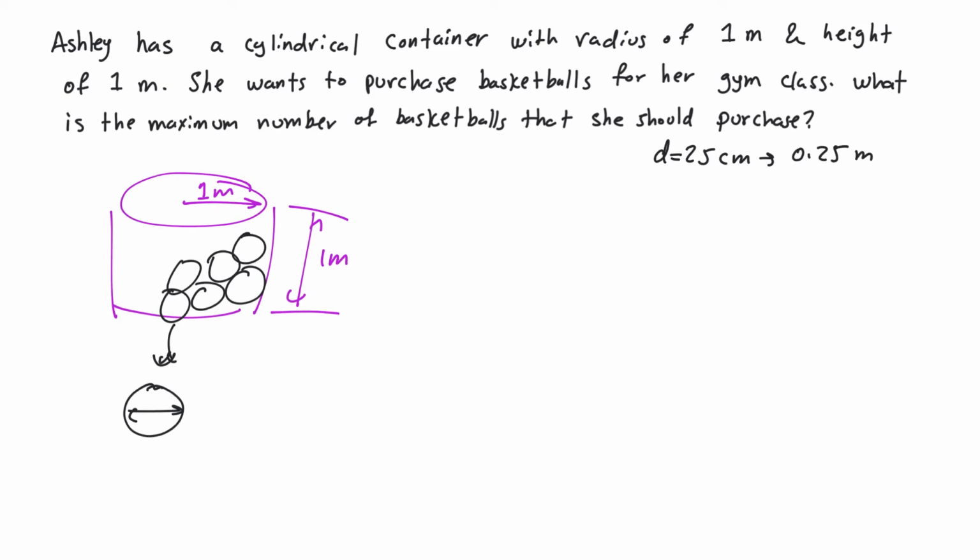And to figure out how many basketballs we can put inside this container, we can find the total volume of the cylinder, total volume of the basketball, and divide the volume of the cylinder by the volume of the basketball to see approximately how many you can fit in, and that would be the maximum number, assuming that there's no gap in between.